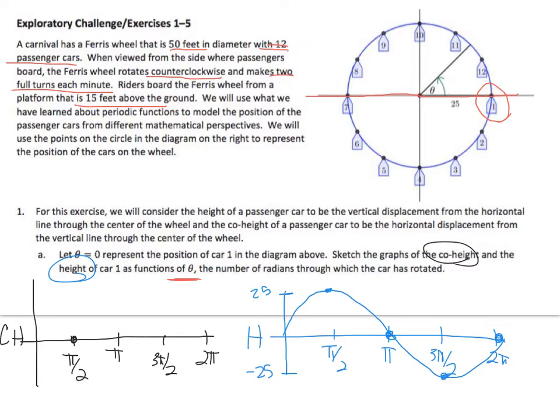So the distance from here to there is 25. Back at pi, we are over here, at negative 25. And then back at 3 pi over 2 at 0, and then back at positive 25. So our co-height looks something like that.